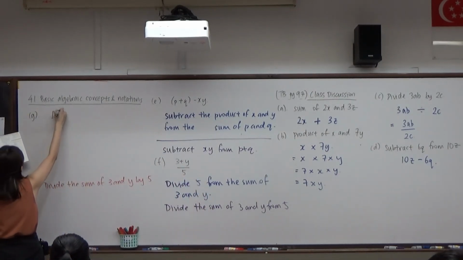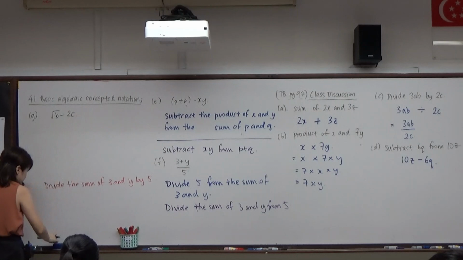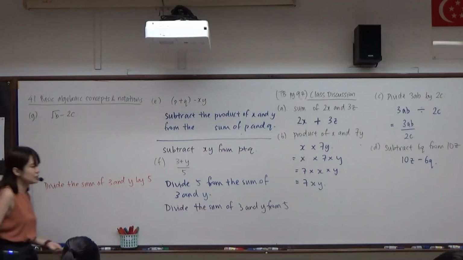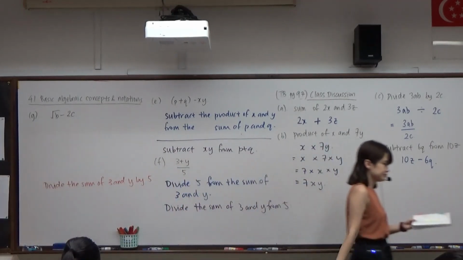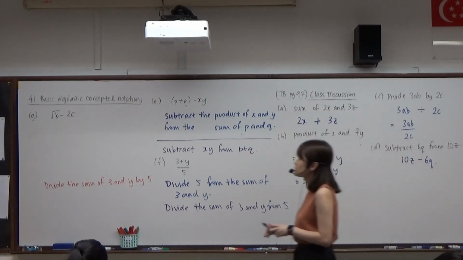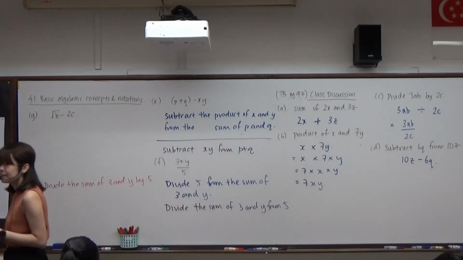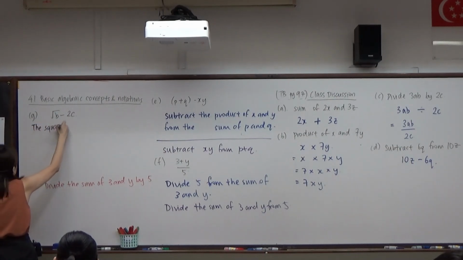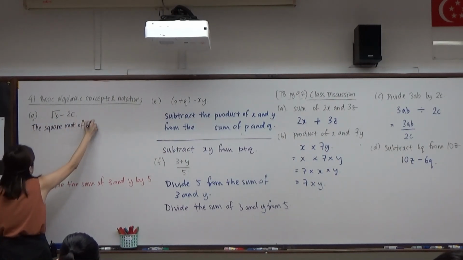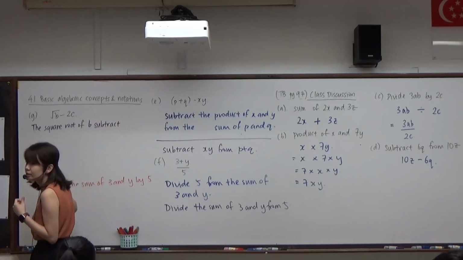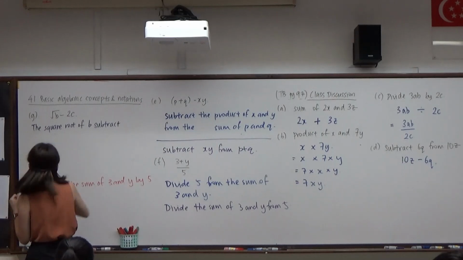Okay, we have this. How would we phrase this then? Hansha, you want to give this a try? Sorry, the square root of b? So you want to start with the square root of b. Subtract. Then what? Subtract 2c.